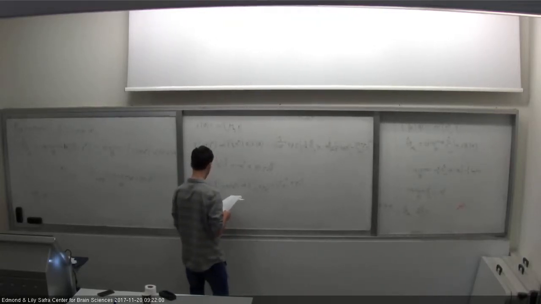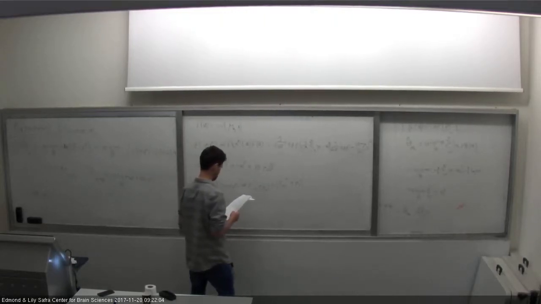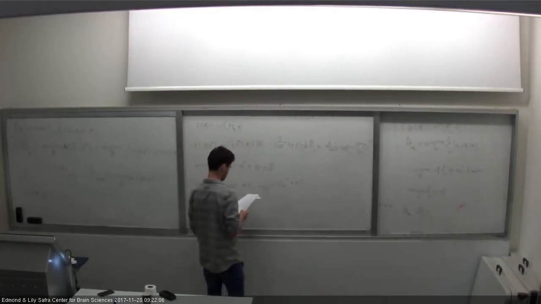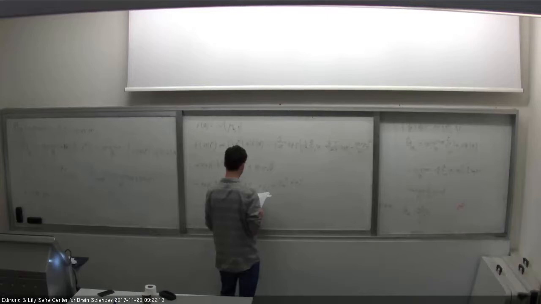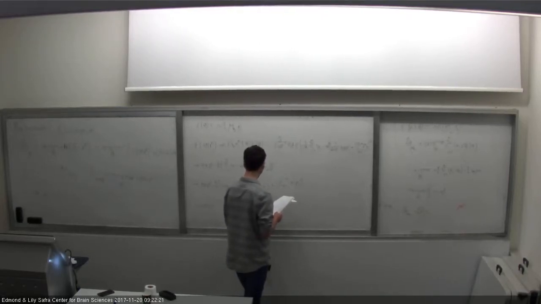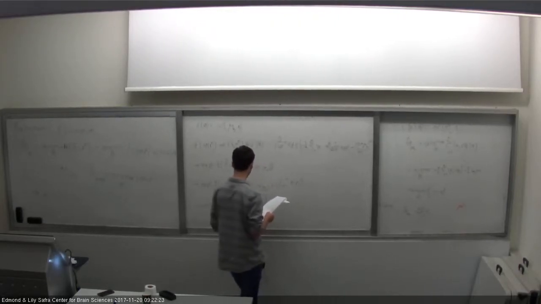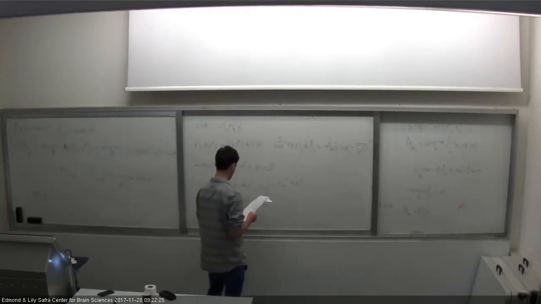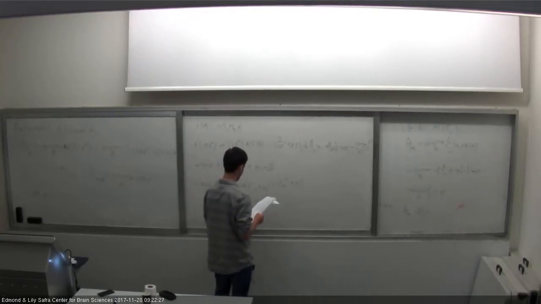So this is equal to the exponent of minus (theta minus 1 over n plus 1 times the sum over xi plus mu 0) squared divided by 2 times 1 over n plus 1.